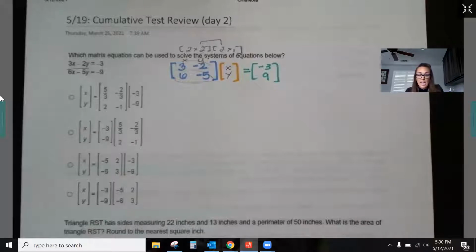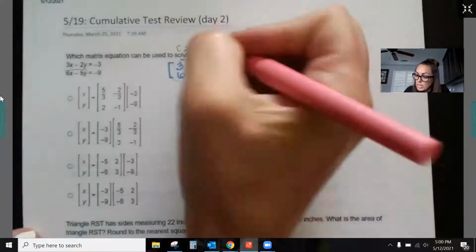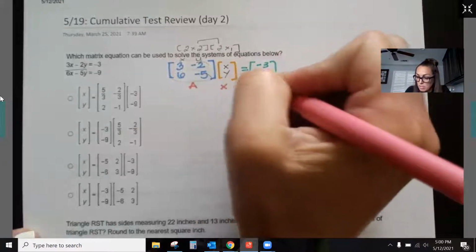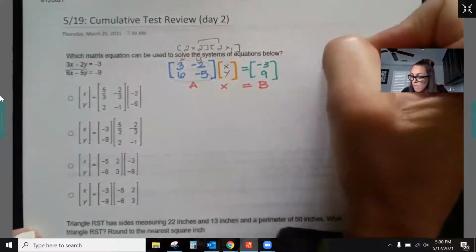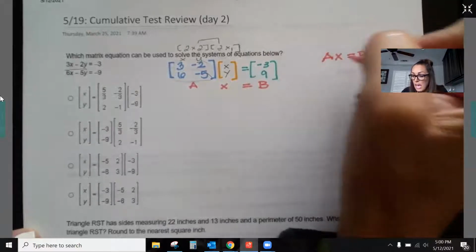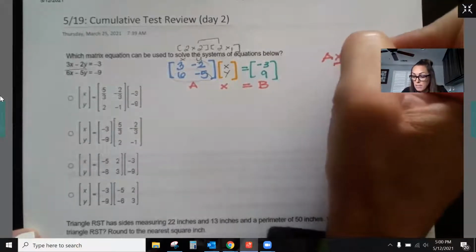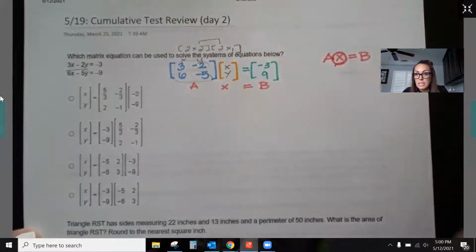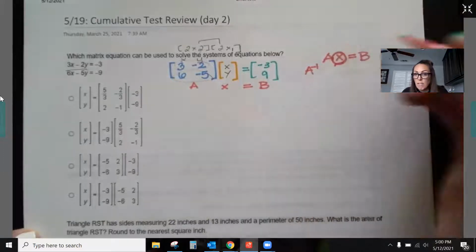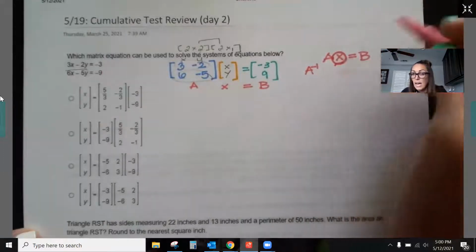Okay, so let's look at this. Let's say I call this matrix A, times X, is equal to B. If I have A times X equal to B and I want to solve for X, to get X by itself I would need to multiply A by the inverse. And what I do to one side, I have to do to the other.